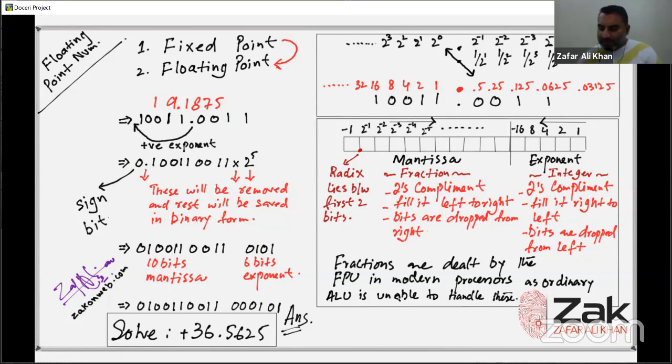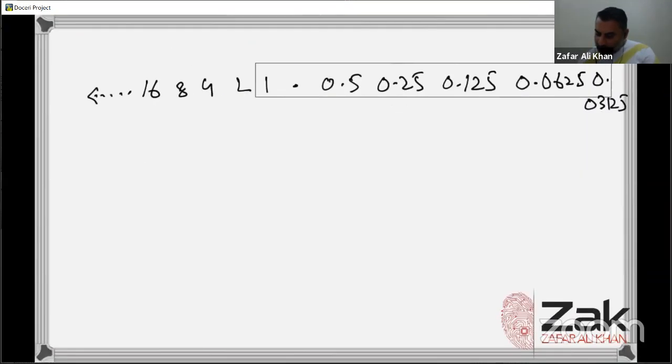So a mantissa, when it is representing a number, is actually representing numbers by having all the fraction after the first bit, moving towards the right. So in this deal, this part is being represented using mantissa.